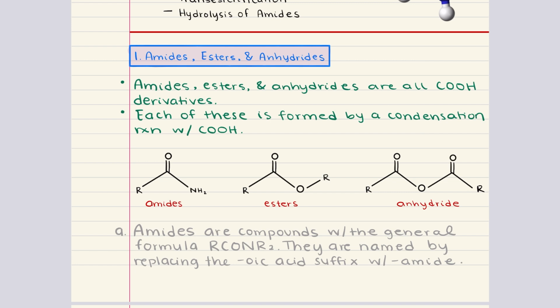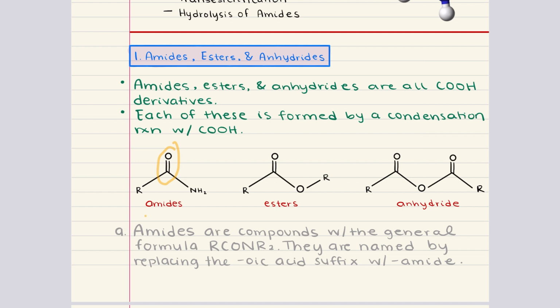Each of these derivatives maintains the core feature of the carboxyl group, which is a carbon atom that's double bonded to an oxygen atom. This is known as a carbonyl. But what's different is that the hydroxyl group that's attached to the carbonyl carbon is going to be replaced by another group. Let's take a look at each type one by one.